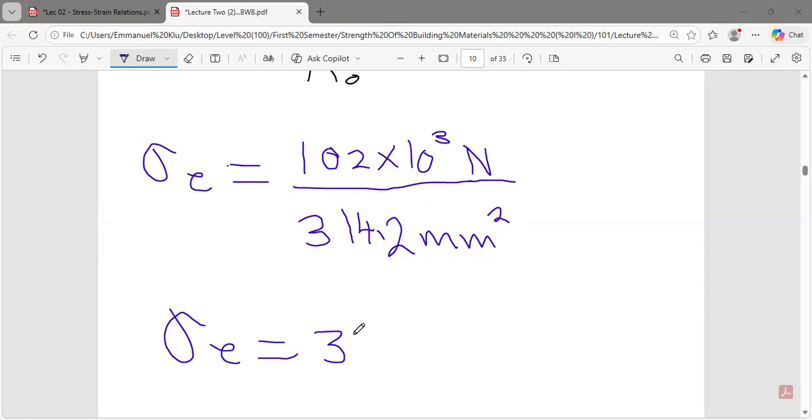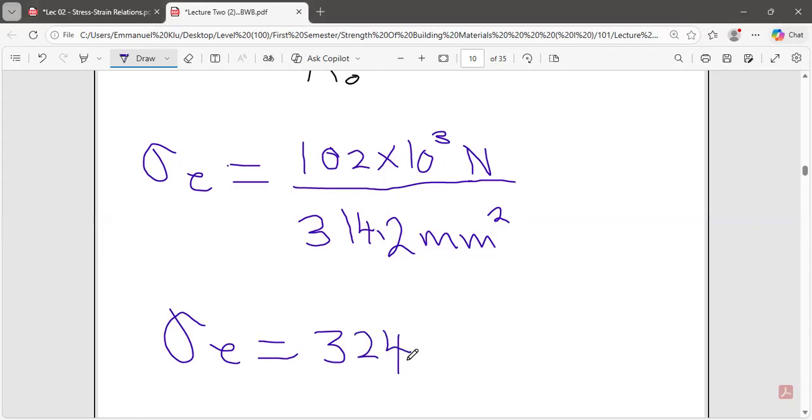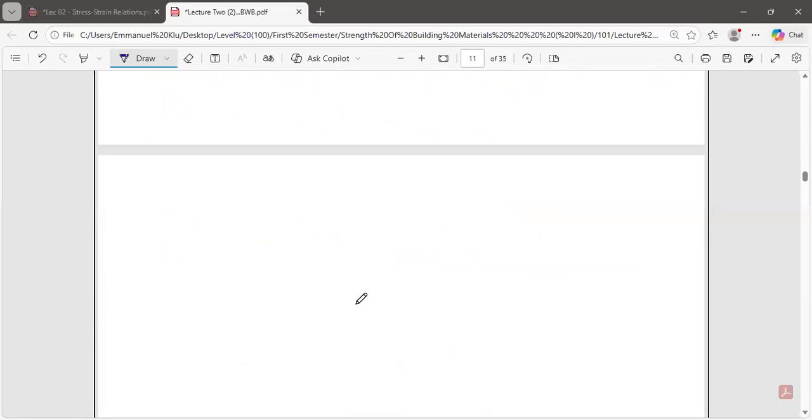So that is 324.633. Let me just maintain it to here, so let me say 4. So that becomes Newton per millimeter squared.